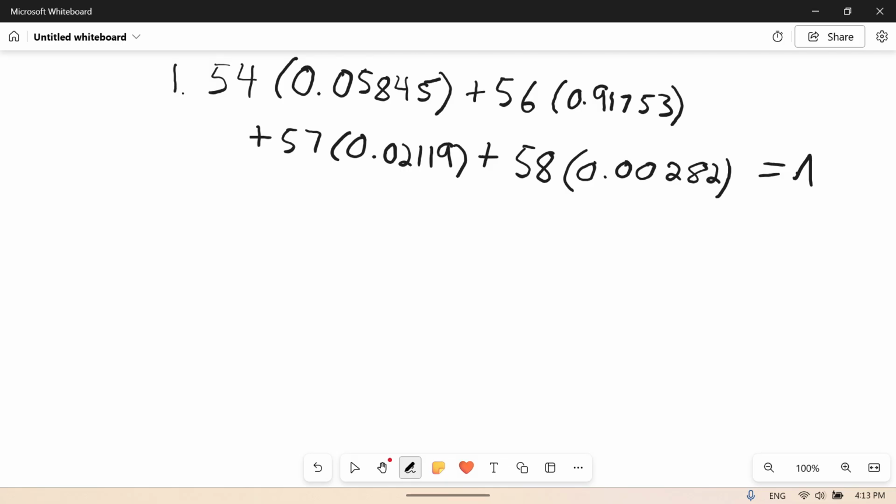Okay, so all of these added together will equal our relative atomic mass. I would just do all of these at once, put it into your calculator, and you should get, if you just put in those numbers, 55.90937 atomic mass units.